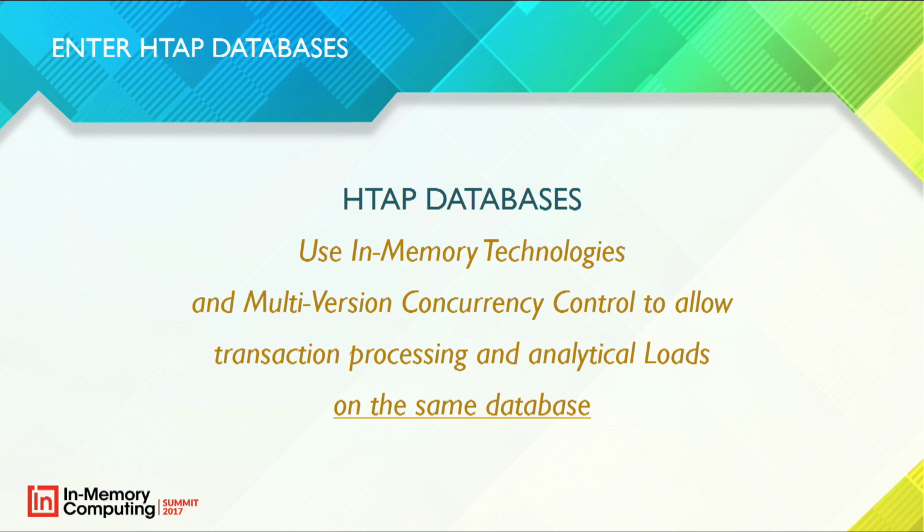So new advances in storage technologies, particularly leveraging in-memory techniques, have given rise to a new class of database. These databases are typically in-memory, so they give us the ability to absorb more data more cheaply and reduce the length of our transactions. But more importantly, it's the ability to do long-running analytical workloads in parallel with update-intensive transaction processing workloads.